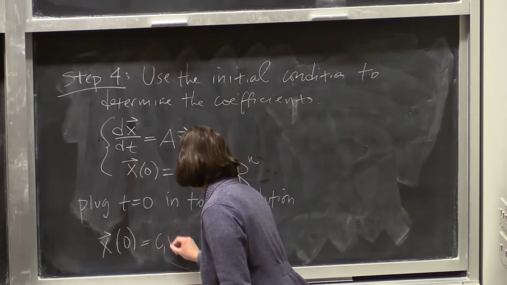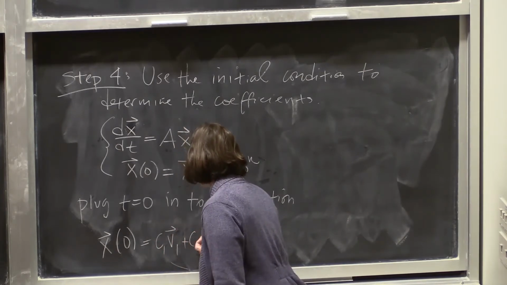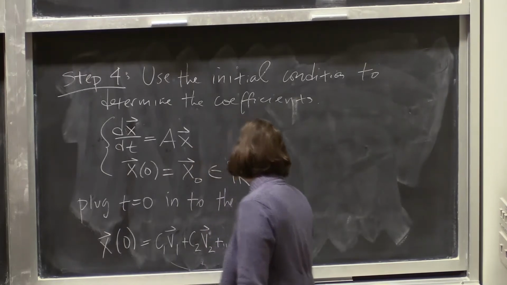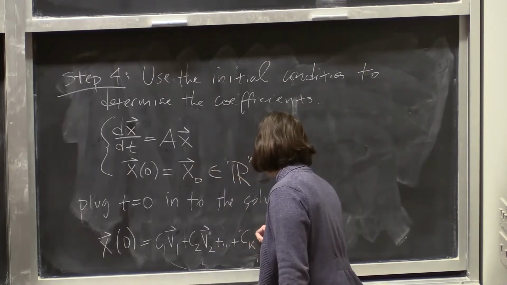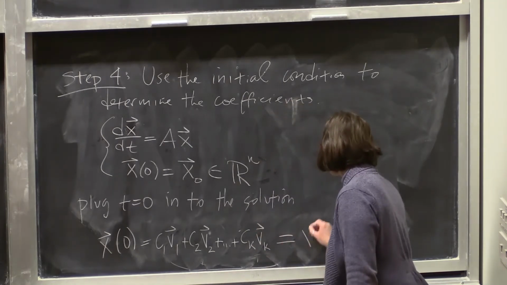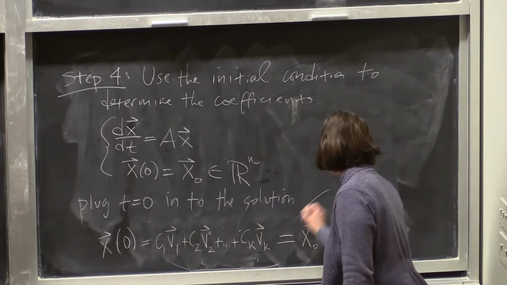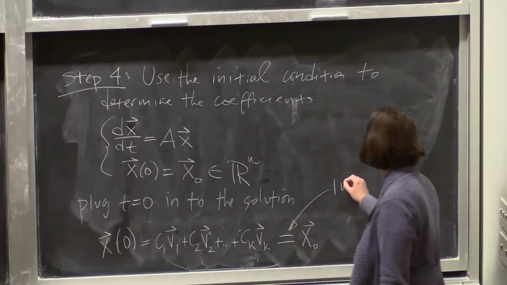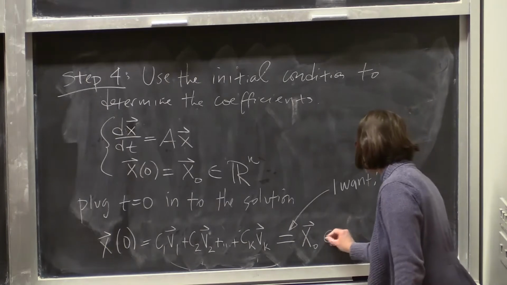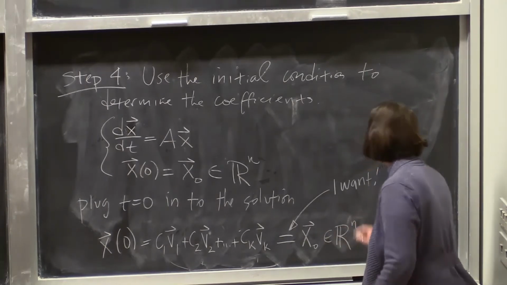I have c1 v1 plus c2 v2 plus ck vk. And I would like that to equal my initial data, which is some vector in Rn.